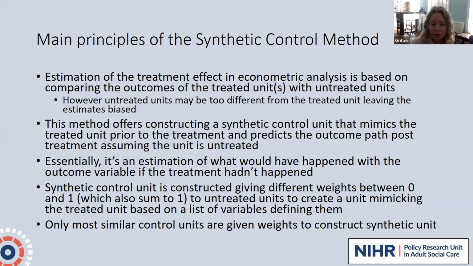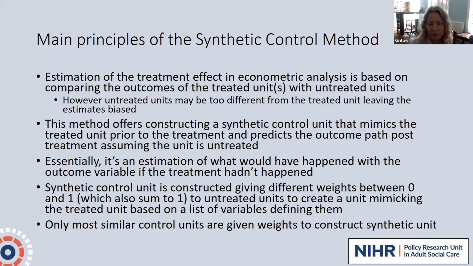The synthetic control unit is constructed by giving different weights between 0 and 1, so they're all positive, and they sum up to 1, to the untreated units to create a synthetic unit that is mimicking the behavior of the treated unit based on a list of the variables defining both units.